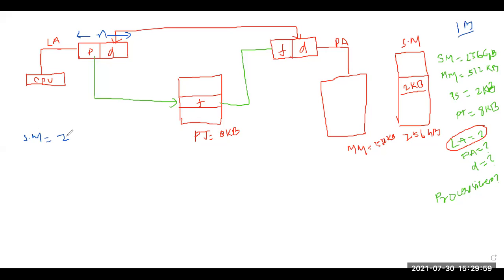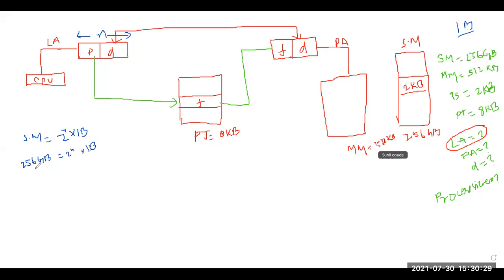And what is your secondary memory? Now I know the formula. Secondary memory is equal to 2 to the power of n into 1 byte. So what is secondary memory? 256 GB. This is 2 to the power of n into 1 byte.